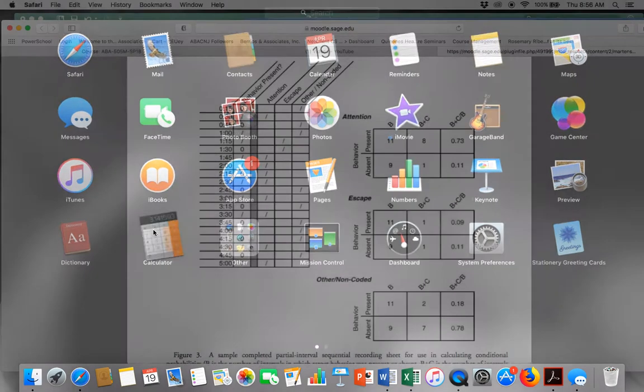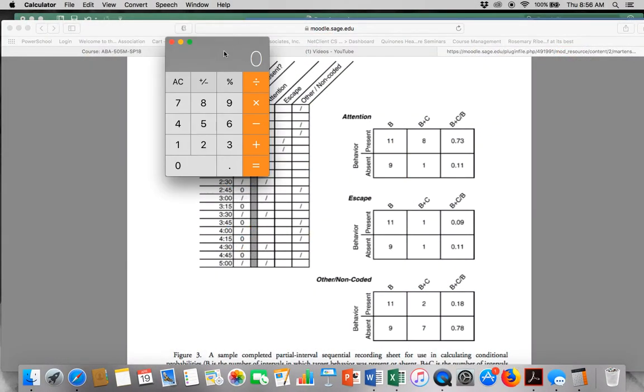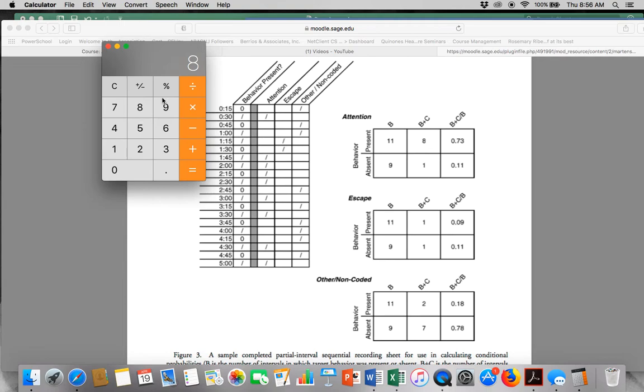If we look at a calculator, again we're taking the 8, dividing it by 11, and you get 0.727, so you round to the hundredths place if you get an ongoing decimal like that.